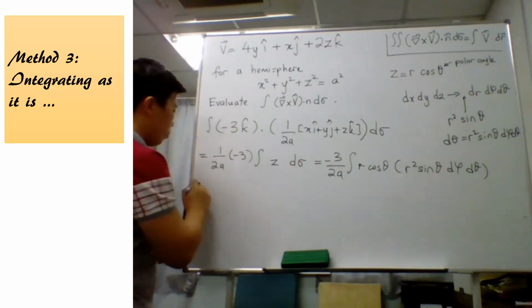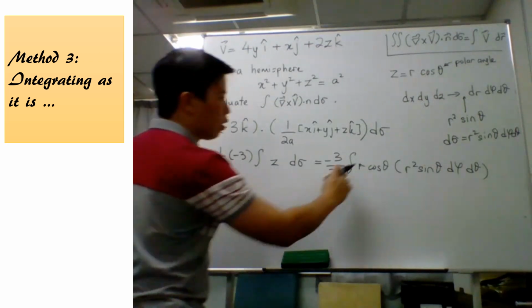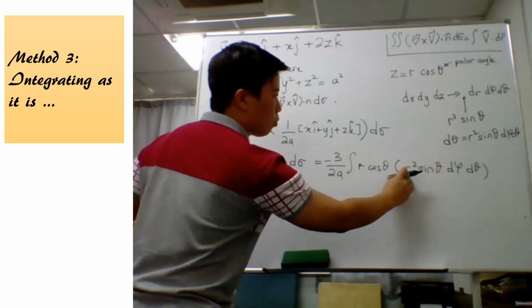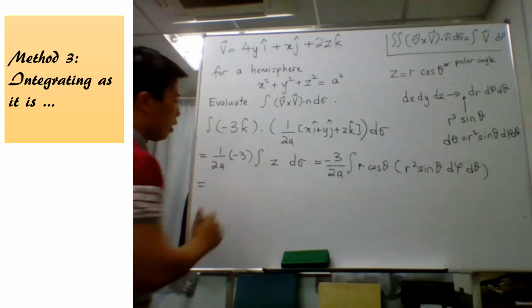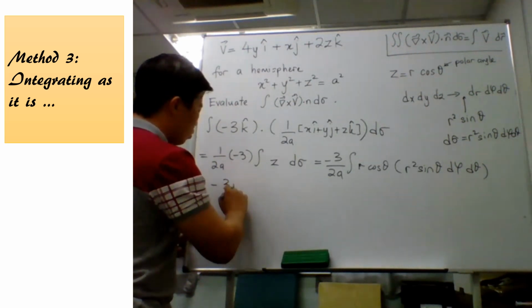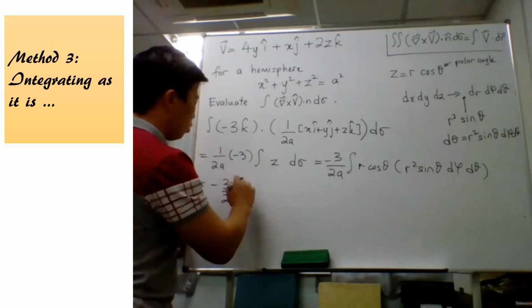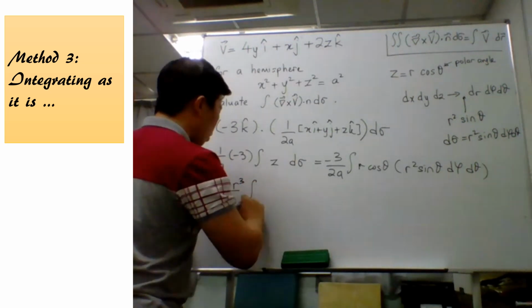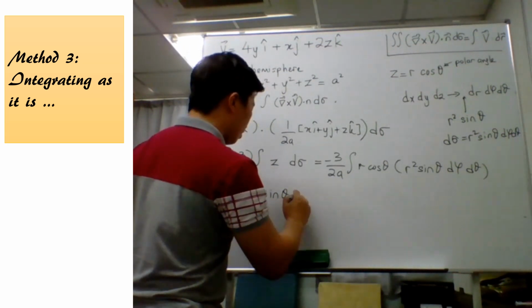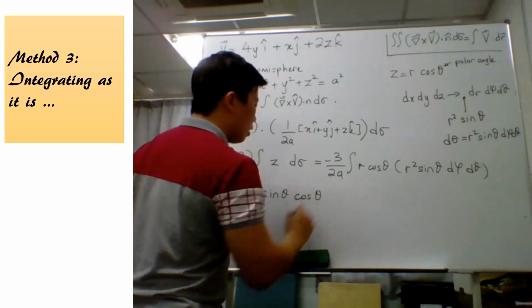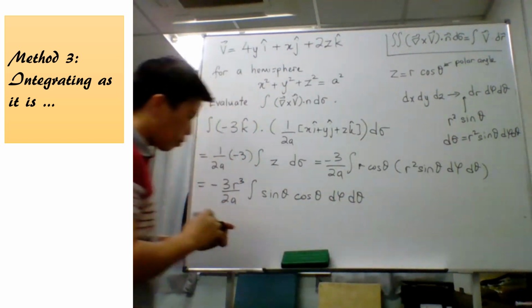Okay, so now let's simplify it a little bit, and we remove r because there is no dependence on r for the integral part. Here you are going to have minus 3r over 2a, so r is going to be to the power of 3, and here you have sine theta cos theta d phi d theta.